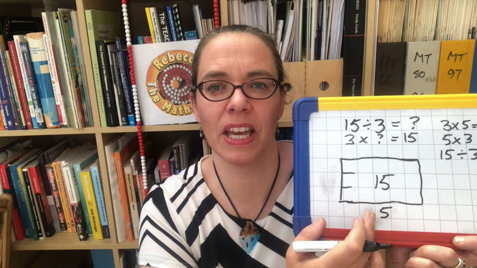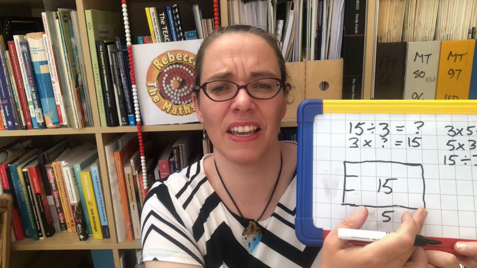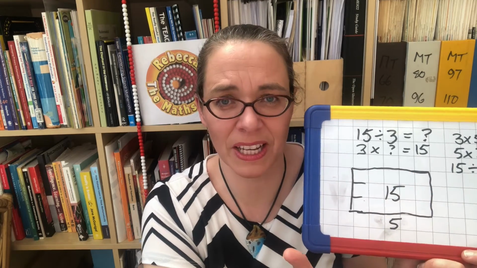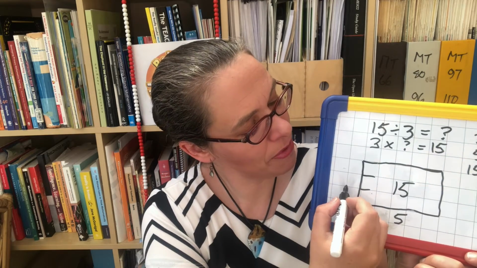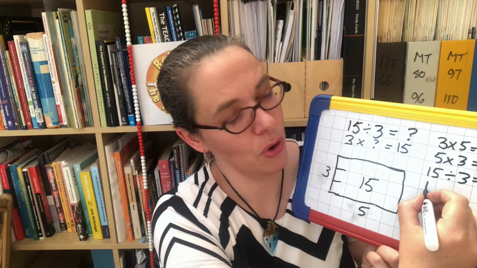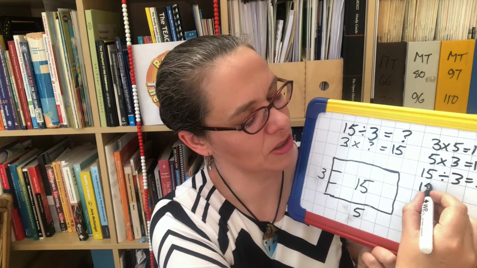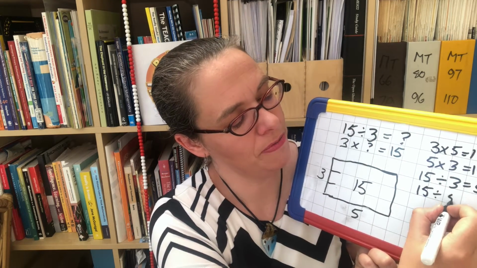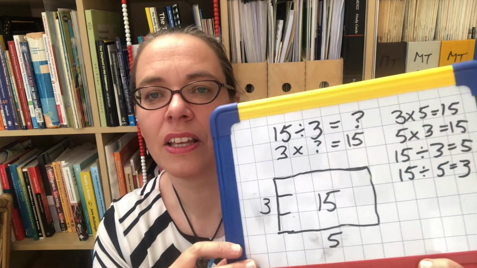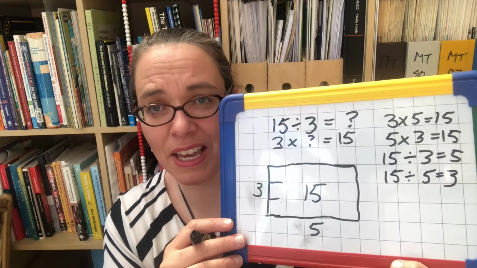If you imagine a person here, a person here, a person here, a person here, a person here, how many squares does each person get to fill up the 15? However we do it, it turns out to be 3. And our fourth calculation in this calculation family is 15 divided by 5 is 3. They're all shown by the same diagram.